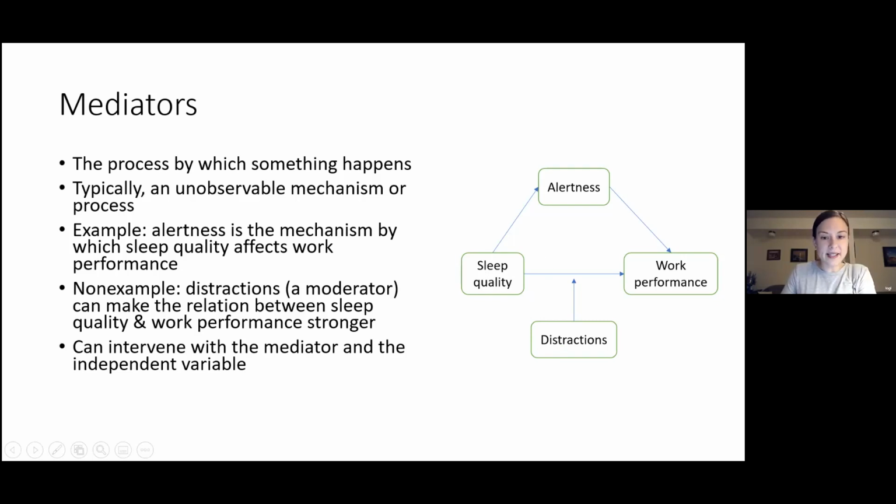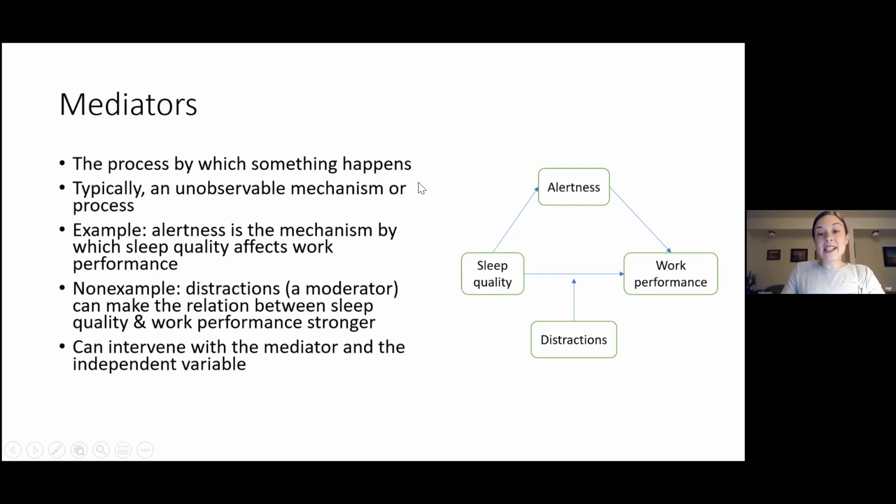We might still be able to do our work despite distractions. But what distractions do is change the strength of the relationship. It's more likely that our work performance will be poor when we have poor sleep quality and a lot of distractions. So that's the differentiation between a mediating relationship and a moderating relationship.